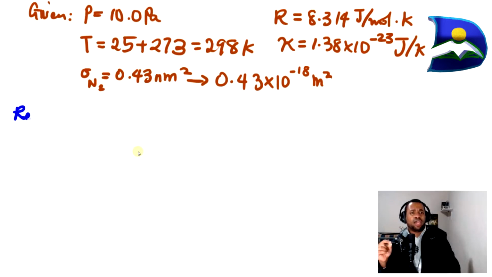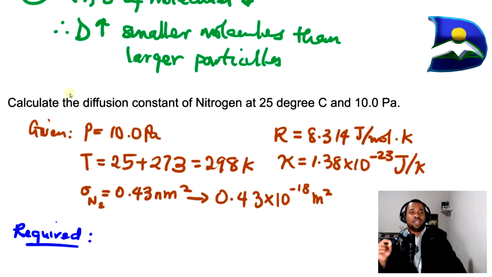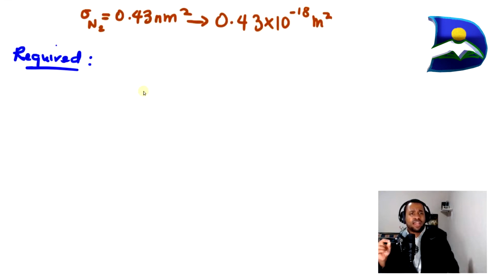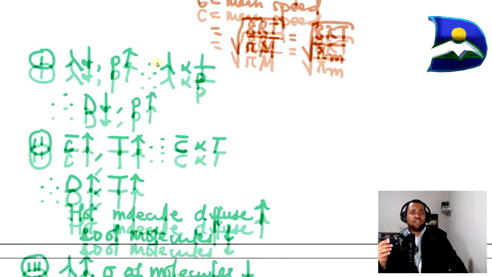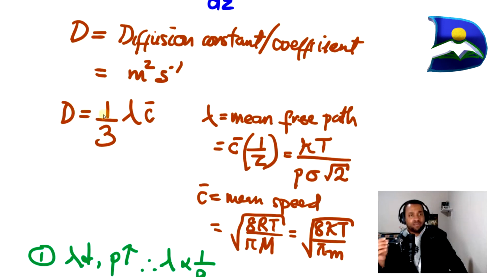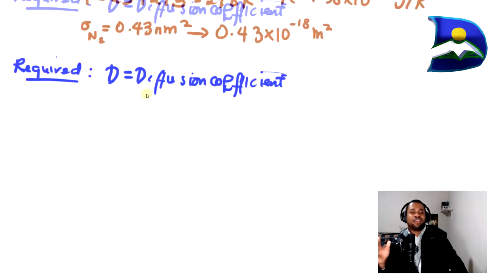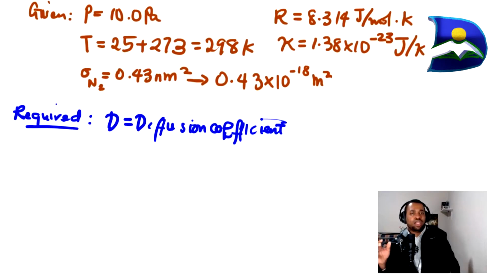Based on the question, we should determine the diffusion coefficient, which is represented as D. Where D is the diffusion coefficient or constant, this will be important based on our derivation and analysis from our previous video, where the diffusion coefficient is D equal to 1/3 lambda C bar.